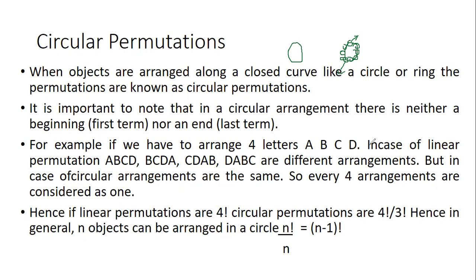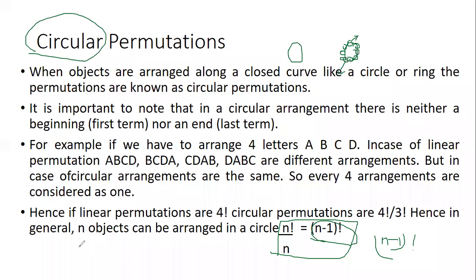The first way is we will just use this formula, that is n minus 1 whole factorial. So we'll use this formula to calculate circular permutation. The second method of calculating is we will fix one of the persons or objects.